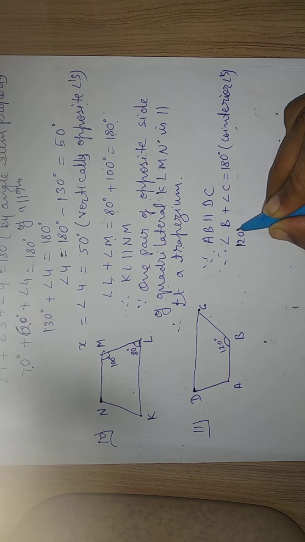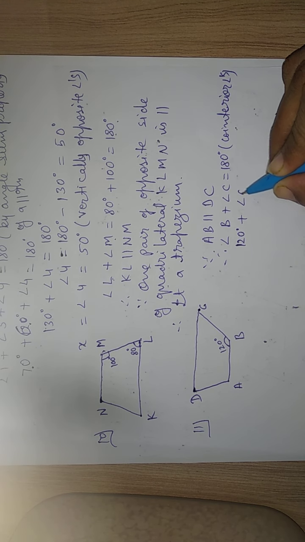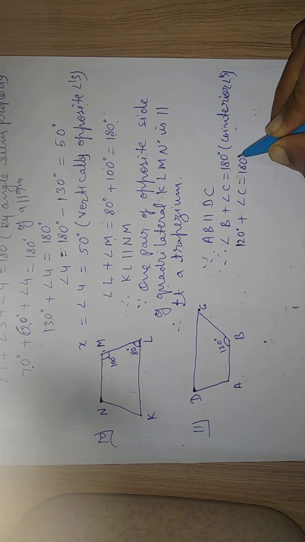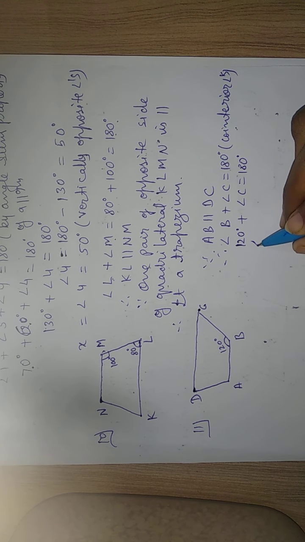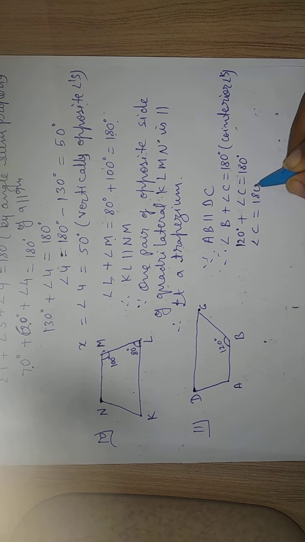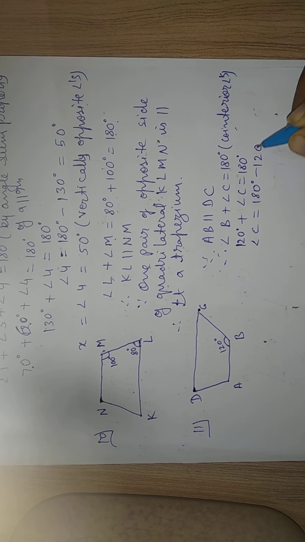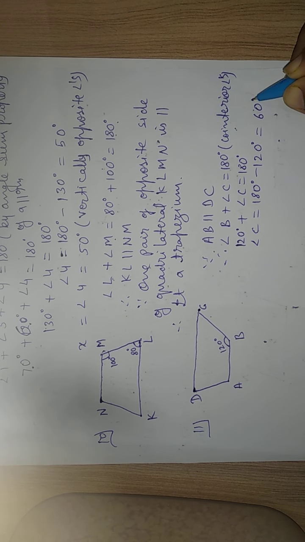The measure of angle B is 120 degrees. So 120 plus angle C is equal to 180 degrees. Therefore angle C is equal to 180 degrees minus 120 degrees, which is 60 degrees.